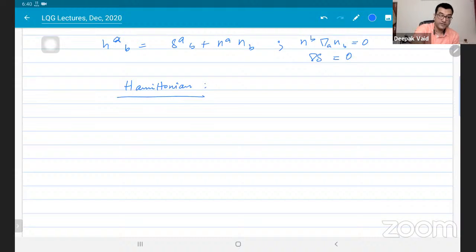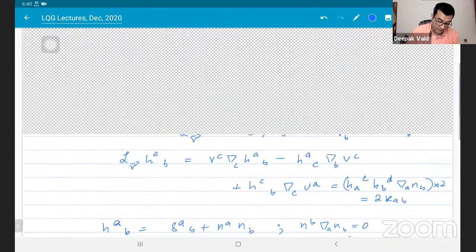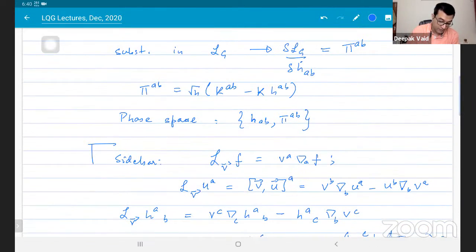Okay, so now we can define the Hamiltonian. The Hamiltonian is given in the usual way by the Legendre transform of the Lagrangian. So now we have our expression for pi^AB.